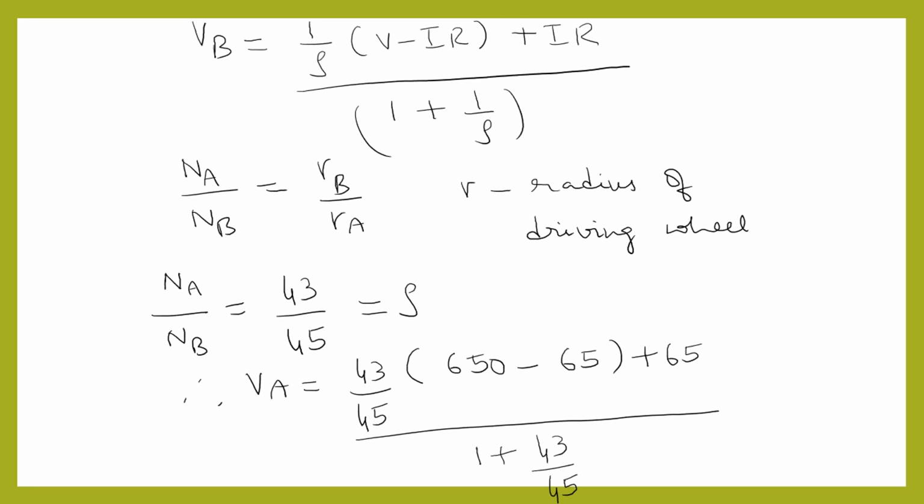Therefore, IR is equal to 10% of 650 volts, which is 65. Therefore, we get the value of VA as around 319 volts. Therefore, we can calculate VB is equal to V − VA, that is 650 − 319, which is 331 volts.